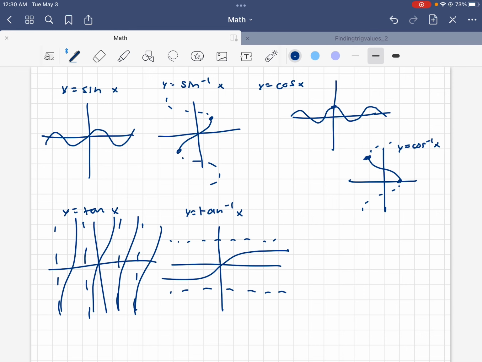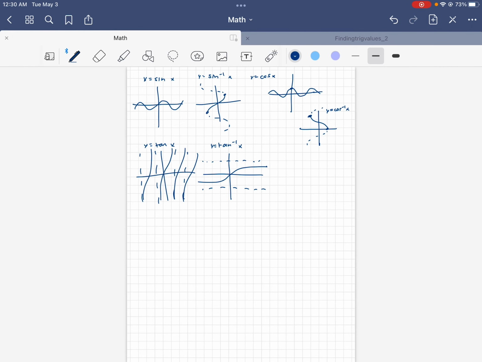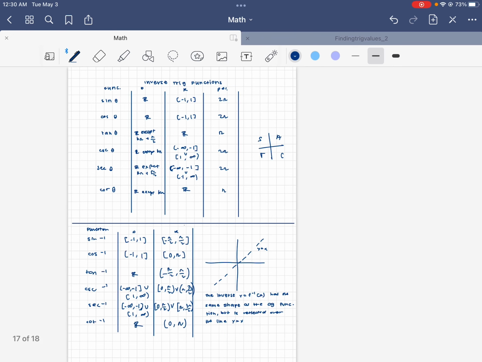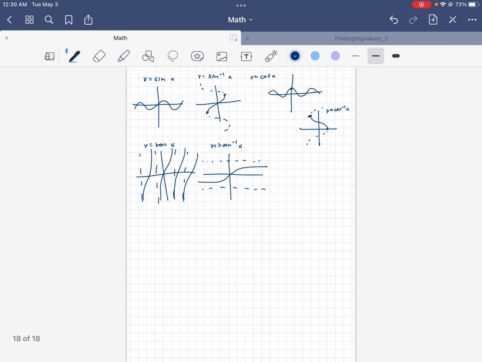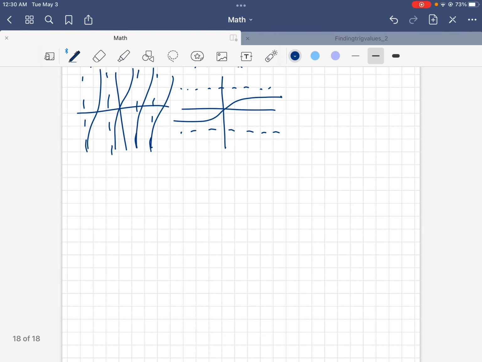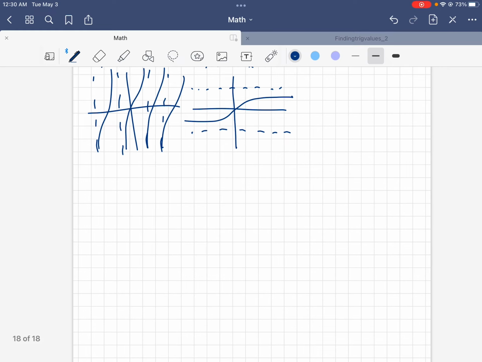Okay. What were we doing? Inverse trig functions. So when you find inverse trig functions, I should have it, it's fine, I'll just write them.